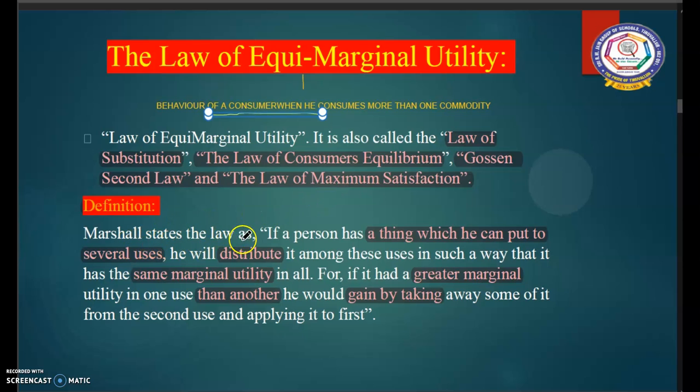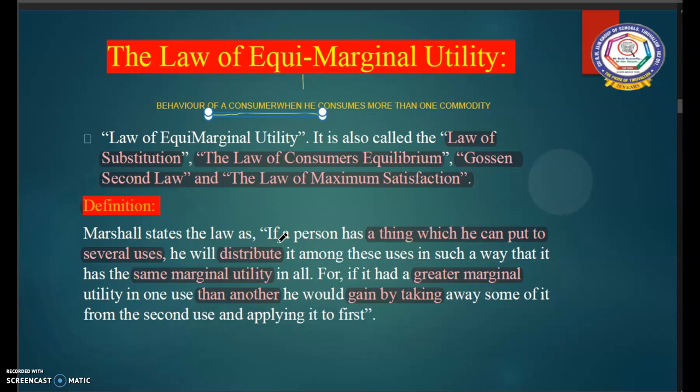Marshall states the law as: if a person has a thing which he can put to several uses, then he will distribute it among these uses in such a way that it has the same marginal utility.